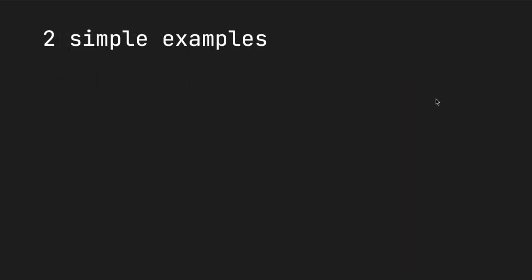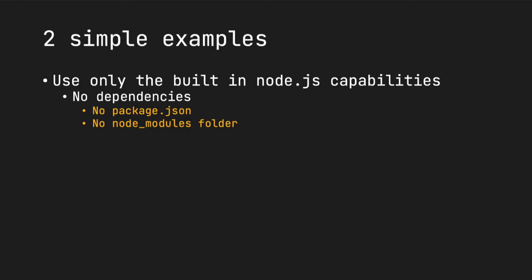The simple example that you saw in the previous section is one of two simple examples that I will be using to illustrate the points in this tutorial. I just would like to point out that we're not using package.json, we're not using a node_modules folder, because we're not pulling any external modules in.